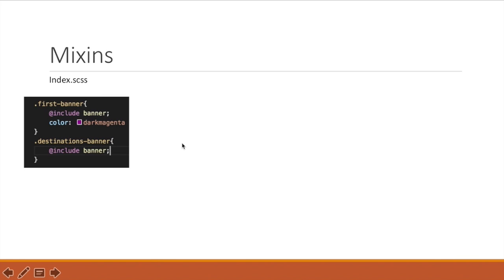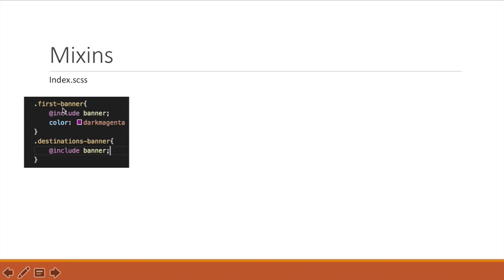And then also when you use a mixin, the elements don't have to be exactly the same. As you can see, I included a dark magenta color in my .first banner. It overrides whatever was in the banner. So then I want similar elements.